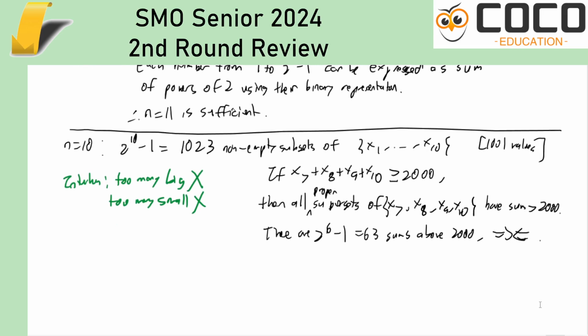We only can afford 22. And so therefore, it means that this is smaller than 2000. And if this is smaller than 2000, it means that the x7, which is the smallest of these, is quite small, and everything else in front of it is even smaller.